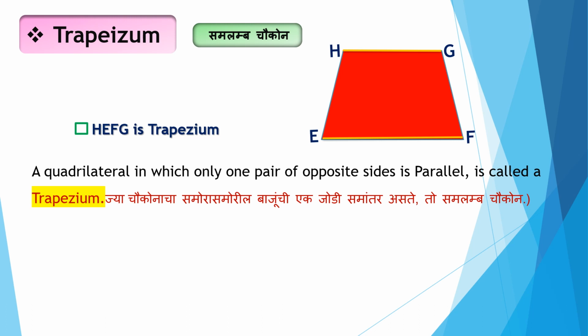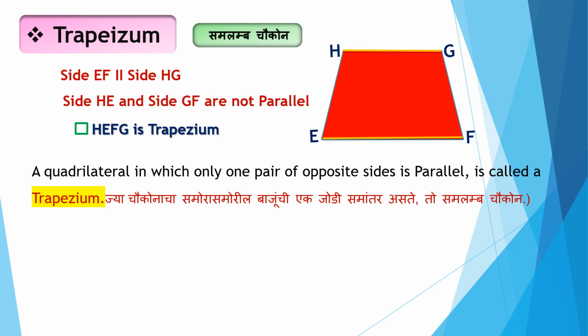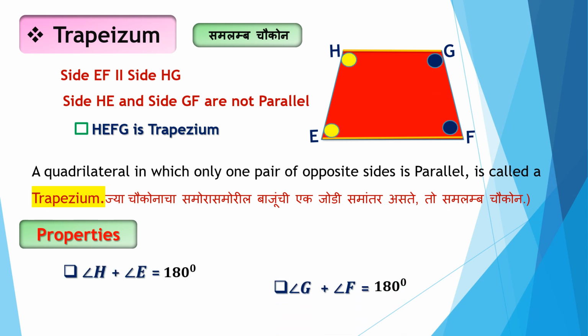Here we see side HG and side EF parallel to each other, but side HE and side GF are not parallel. Property of trapezium. Here we see angle H plus angle E is equal to 180 degrees and angle G plus angle F is equal to 180 degrees.